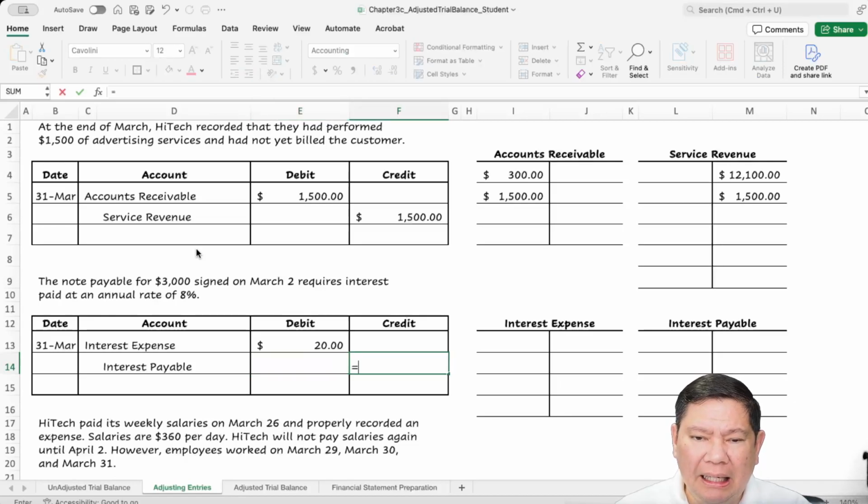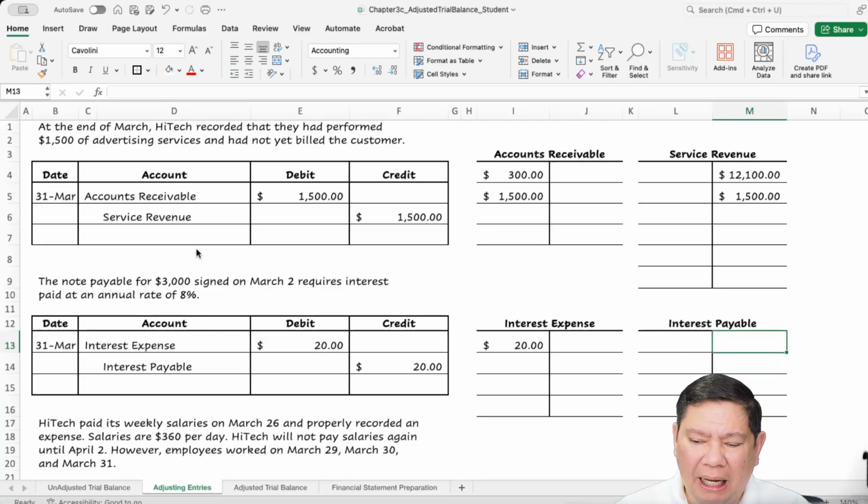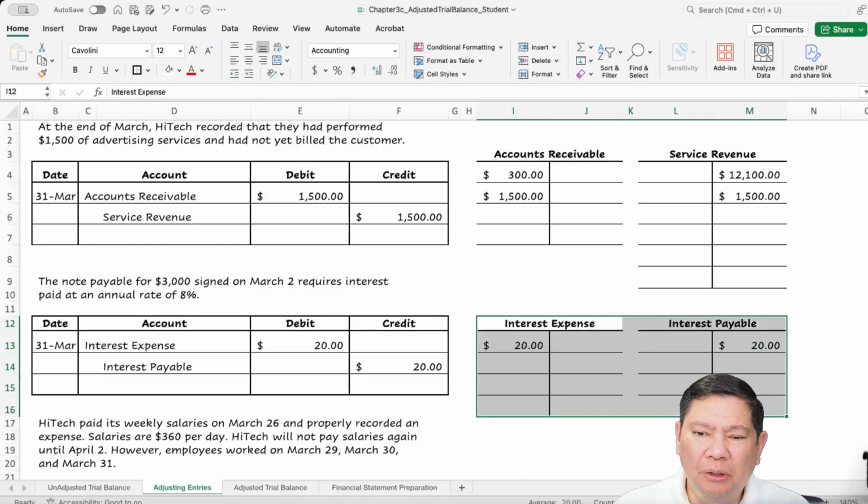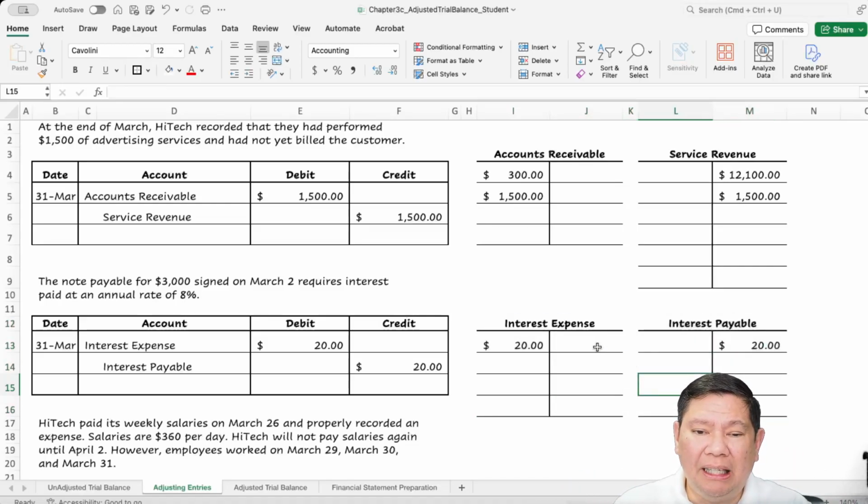So $20 there. Okay, so we're going to recognize interest expense, $20, and interest payable on credit, $20. So you see these two are new because of the adjusting entry, and we didn't have any transaction with these two accounts before. So we have to create them.